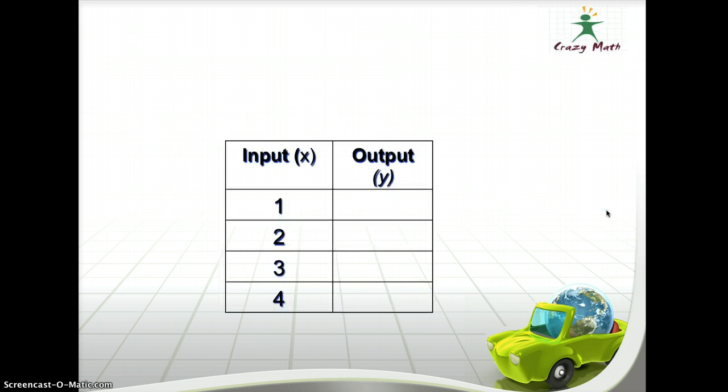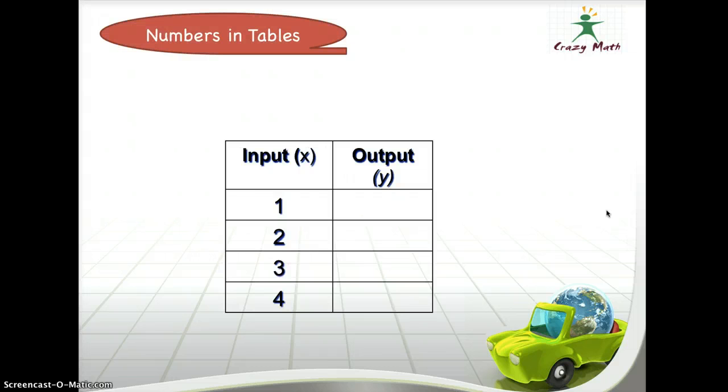Okay, now let's move on to the next type of patterns, and that's numbers in tables. Now, we call this table input-output table. We can also call this table as function table. For every function table or number in table or input-output table, there's an X and there's Y, and Y is always going to be the output.